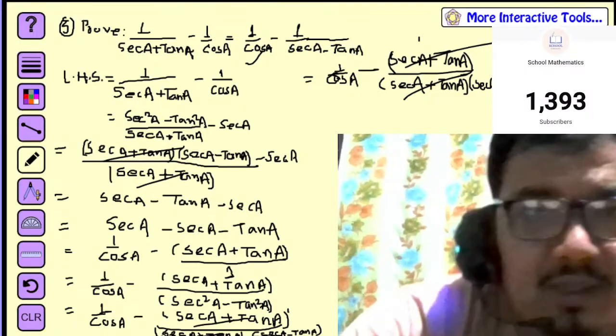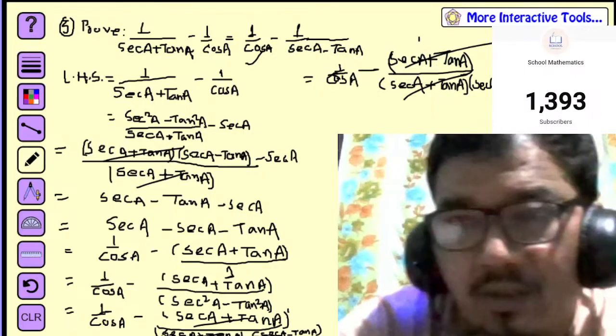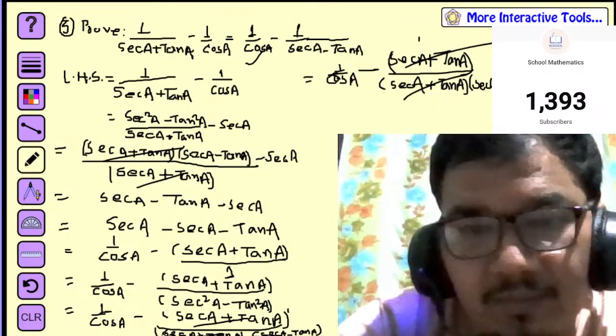There is also something hidden there. That's why sec A plus tan A, sec A plus tan A coming.